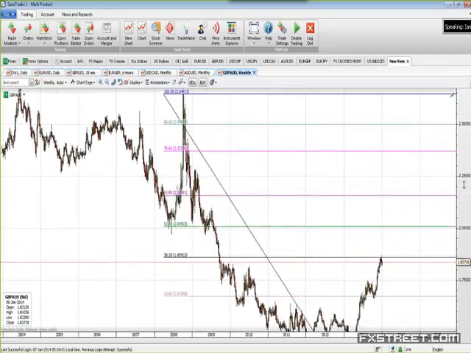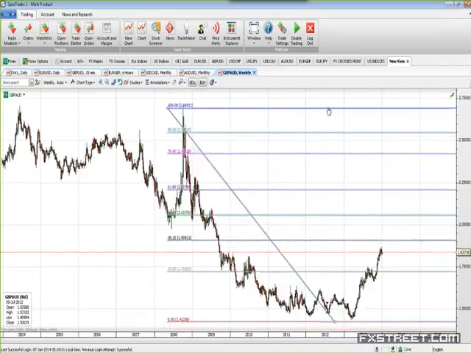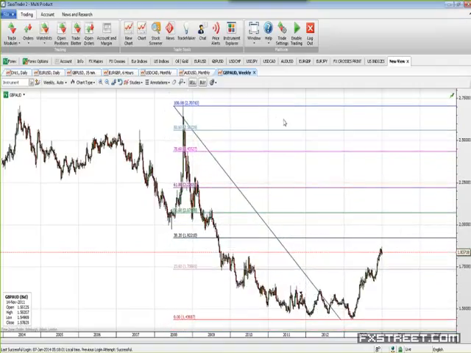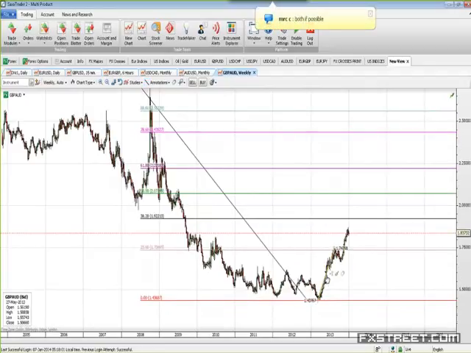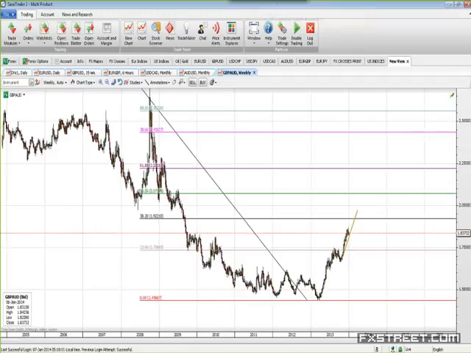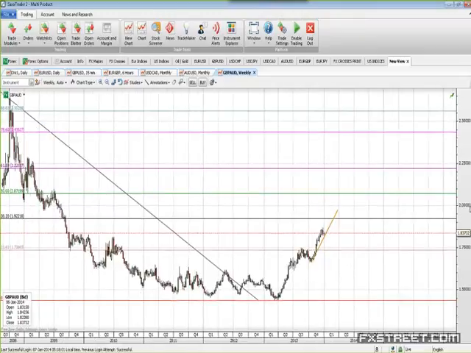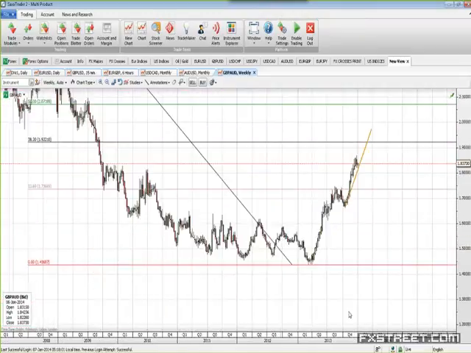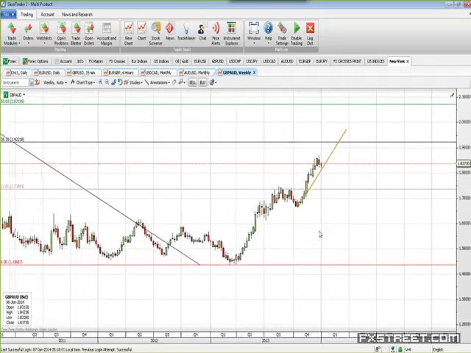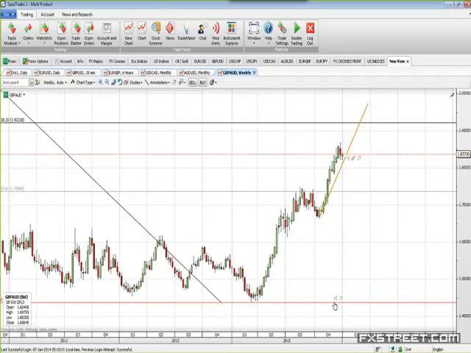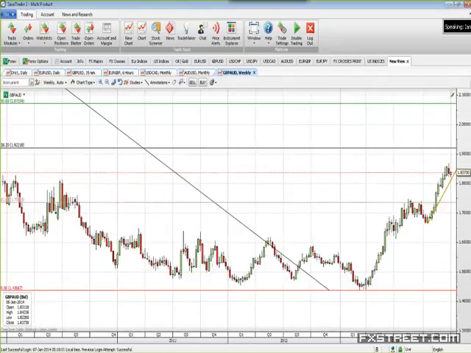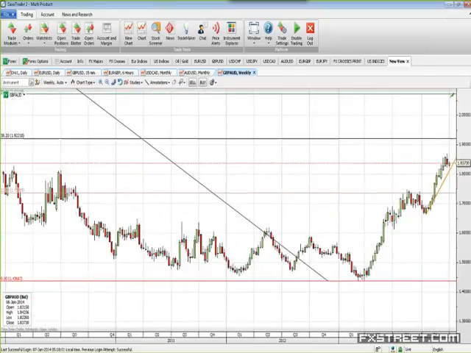Are we talking medium term here or short term? Sterling Aussie, or both? You've got an outside bar. It's not relevant, is it? It's a previous high.